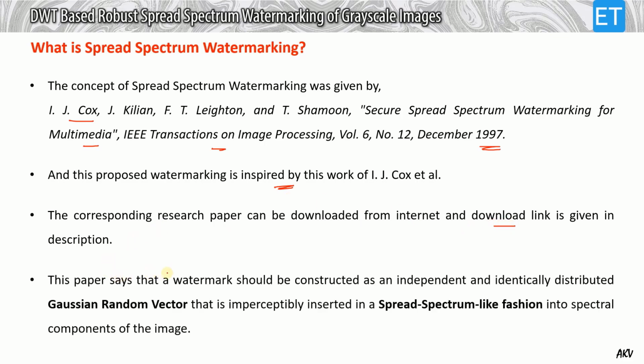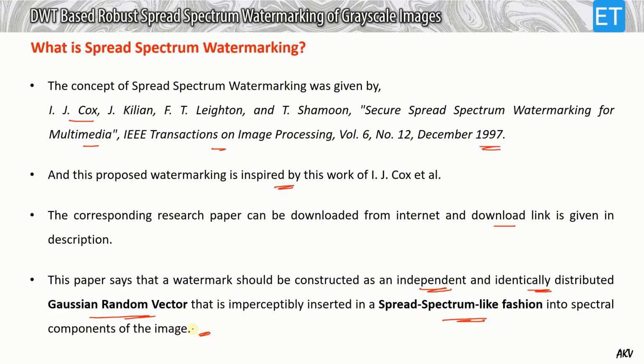This paper says that a watermark should be constructed as an independent and identically distributed Gaussian random vector, or noise, that is imperceptibly inserted in a spread spectrum like fashion into the spectral components of the image.